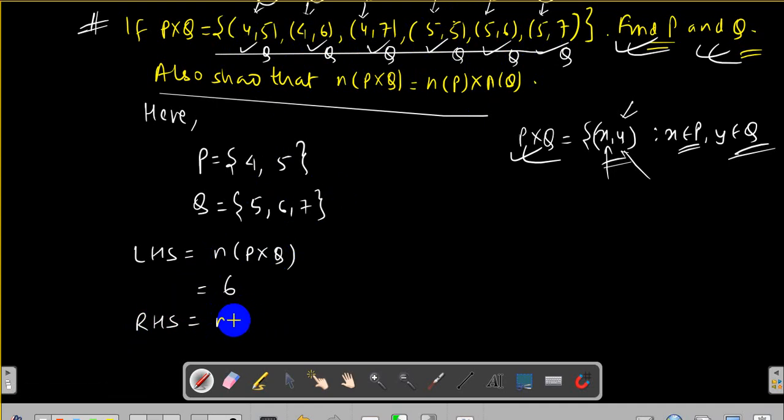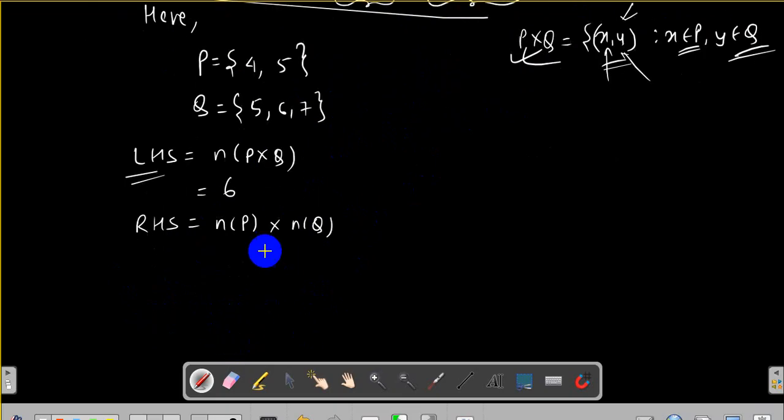Now what is there in the RHS? In the right hand side, n(P) times n(Q). I copied from here. This one is the right hand side, this one is the left hand side. LHS is n(P cross Q), RHS is n(P) times n(Q). Now the value of n(P) we can just count from here, 1 and 2, it is 2.